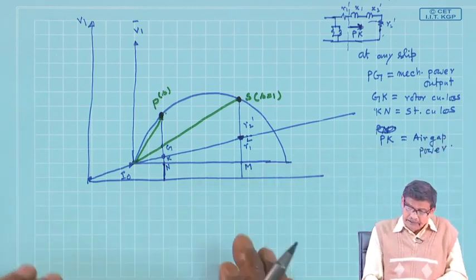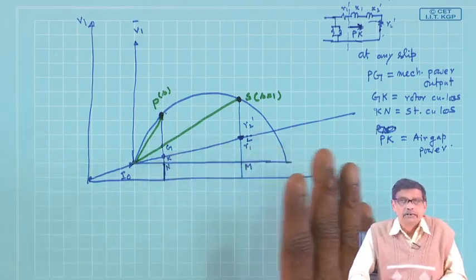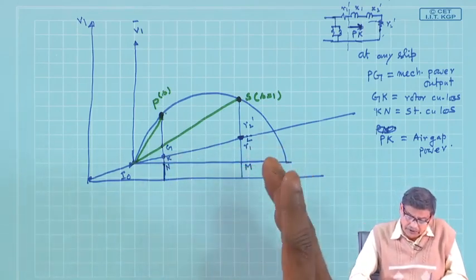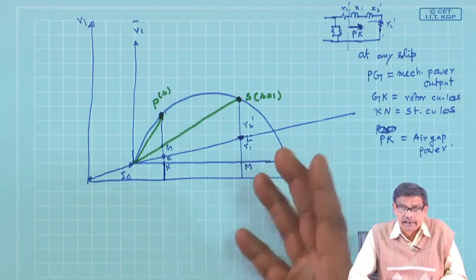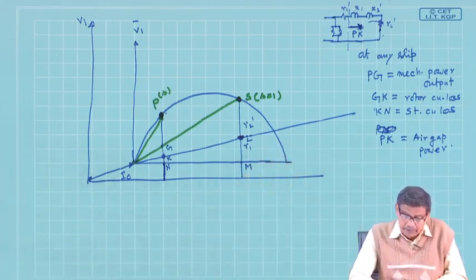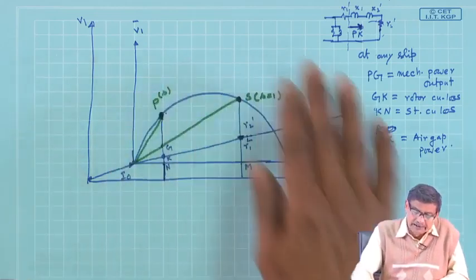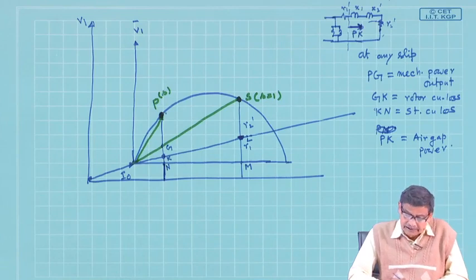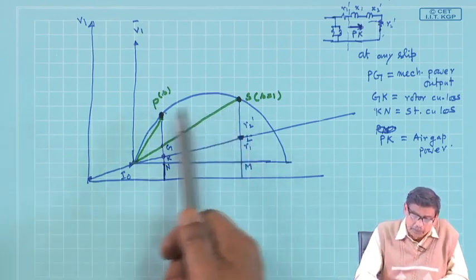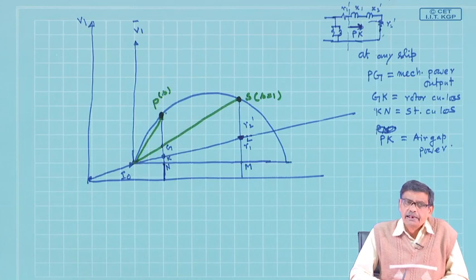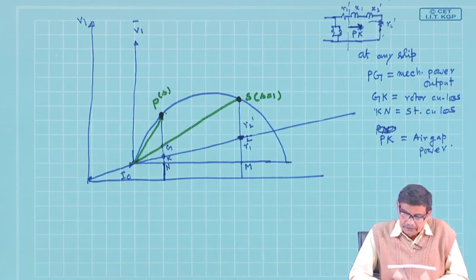Okay. Then it is fairly complete. The only thing I have to tell you is how to draw the circle diagram, that I will do, but before that, for completeness' sake, another point of interest is how to fix up the operating point. Maybe I will be telling you that the motor is operating at 5% slip.